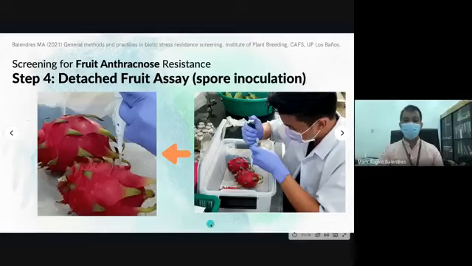That means there's humidity that would enhance the infection process of your pathogen. So knowledge of the biology of your pathogen is important when you're doing selection trials, because you need to know what conditions favor the development of the disease.